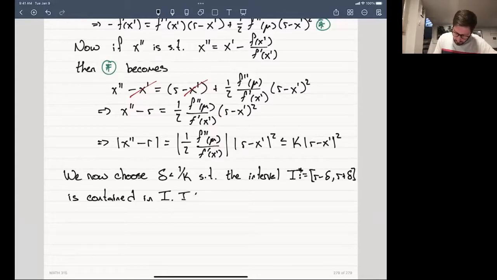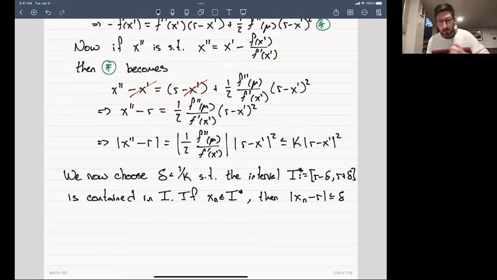Now, if xn, a current iterate, is in this subinterval, then by definition the distance of xn to the root is less than or equal to delta, because it's in this delta neighborhood of r. That's the definition of I star.